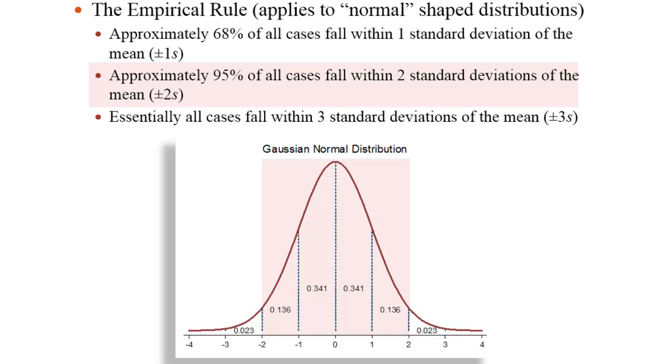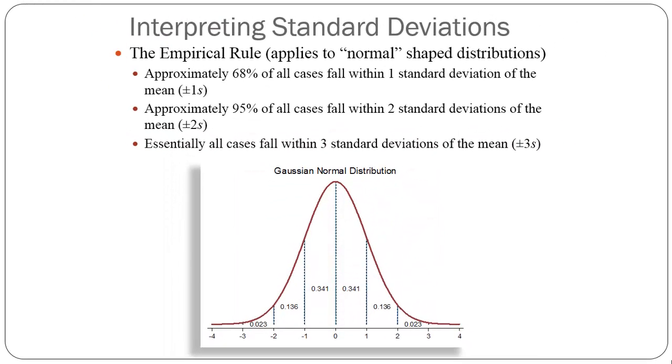I get approximately 95% of all the cases. Finally, if we pushed on a little further and looked at plus or minus 3 standard deviations from the mean, the empirical rule tells us that we capture, in essence, all of the distribution. In a normal distribution, almost all the cases will be within 3 standard deviations of the mean.